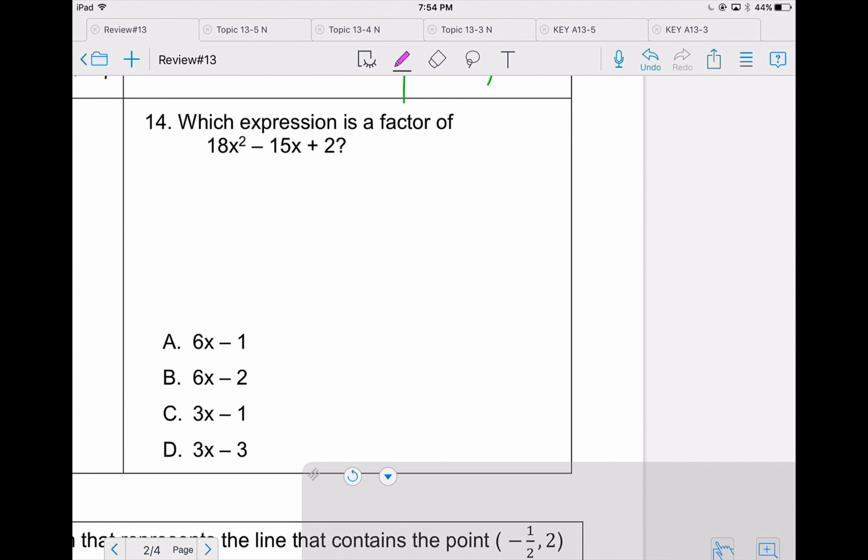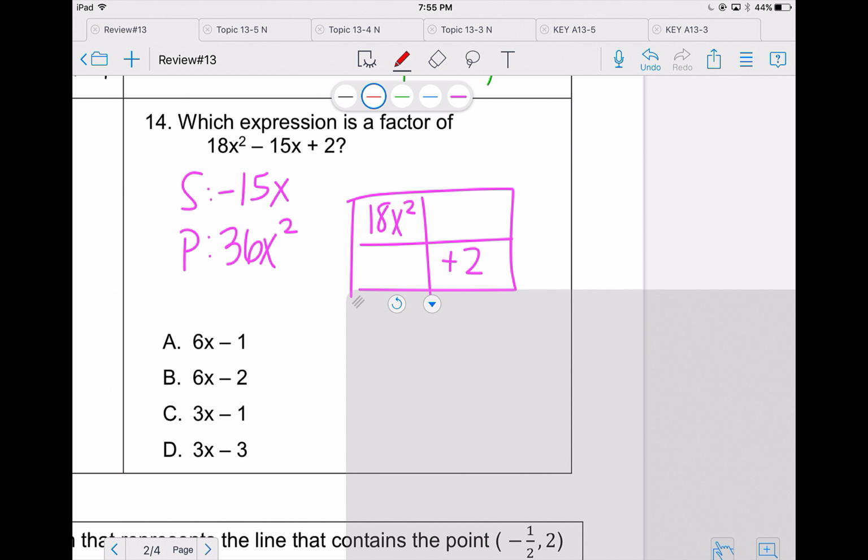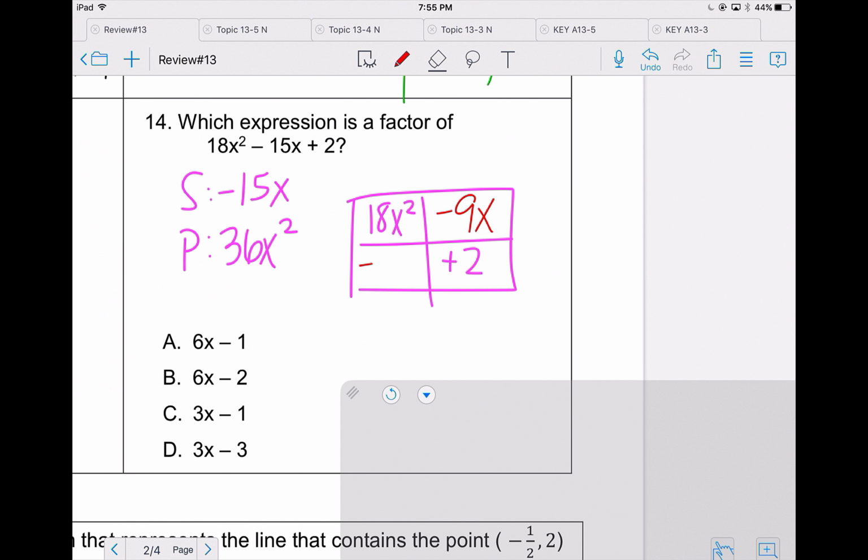14 asks us which expression is a factor of 18x squared minus 15x plus 2. We don't have any GCFs, so we go straight to the box. 18x squared times 2 gives my product of 36x squared. My sum is negative 15x. This can be achieved by negative 12x and negative 3x.